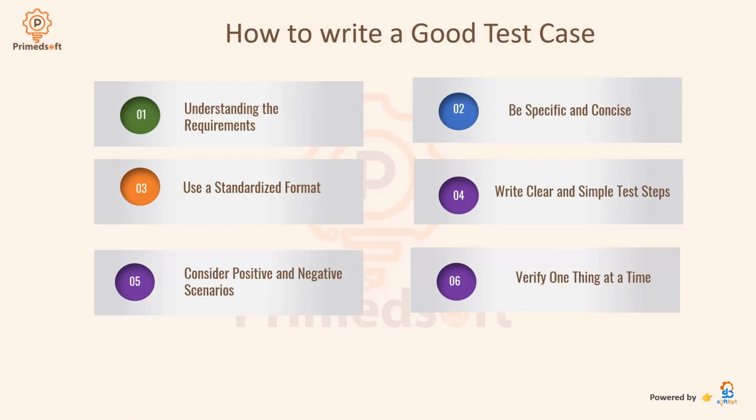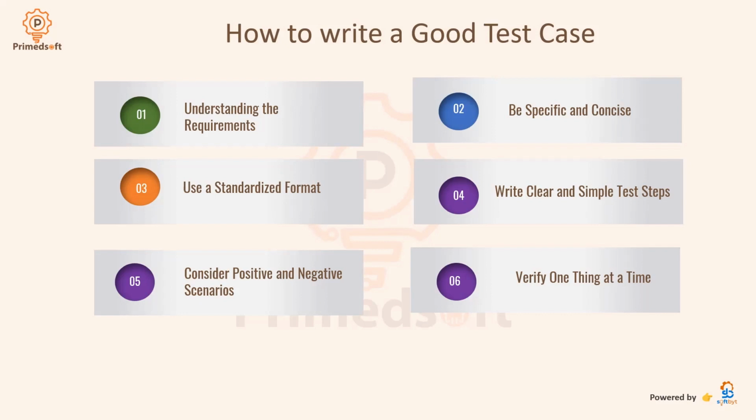Thoroughly understanding the requirement or user stories related to the functionality you are testing enables you to write a good test case, because you know what the function should be and the steps you will take. That will help you to design comprehensive and essential test cases that are relevant to the requirement you are testing. Is that clear?